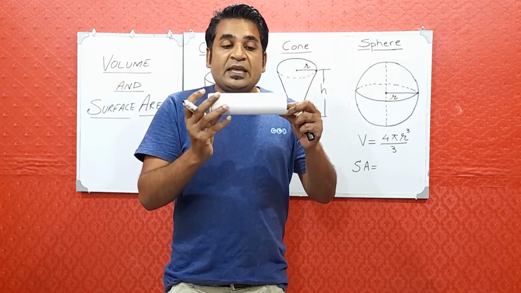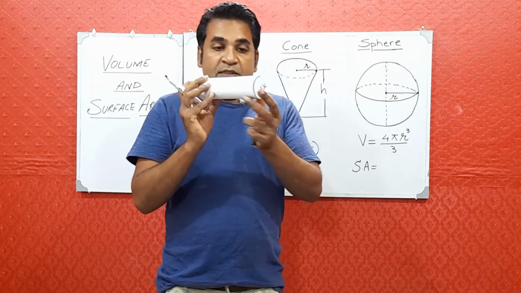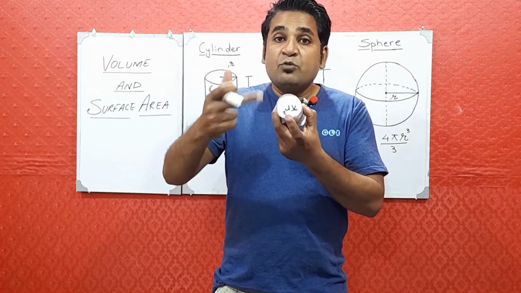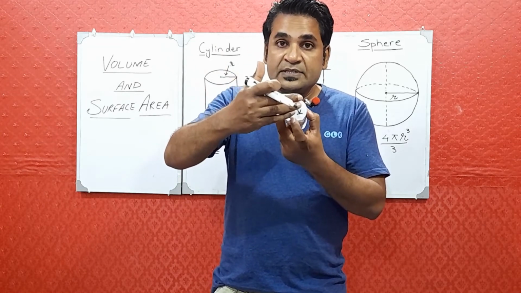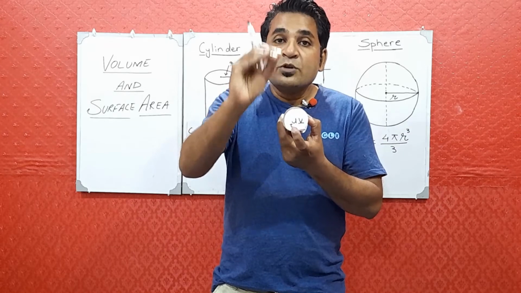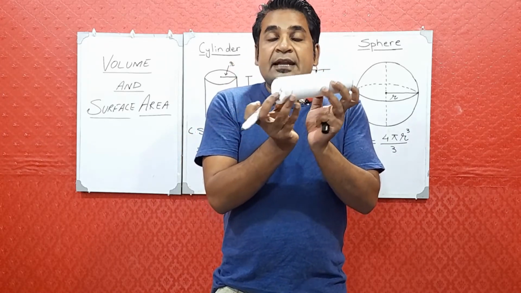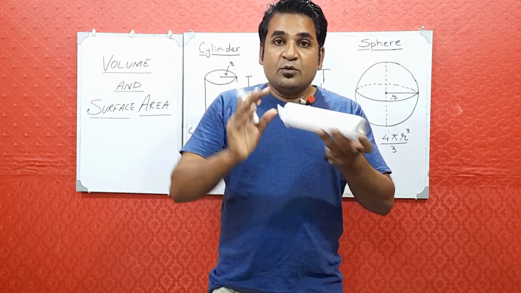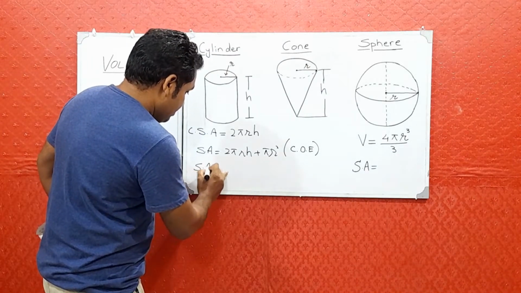Now suppose I also close this other end of the cylinder. What I have added is one more pi r square, because this is also a round circular surface. Now it is closed from both ends, so how do we find its surface area?